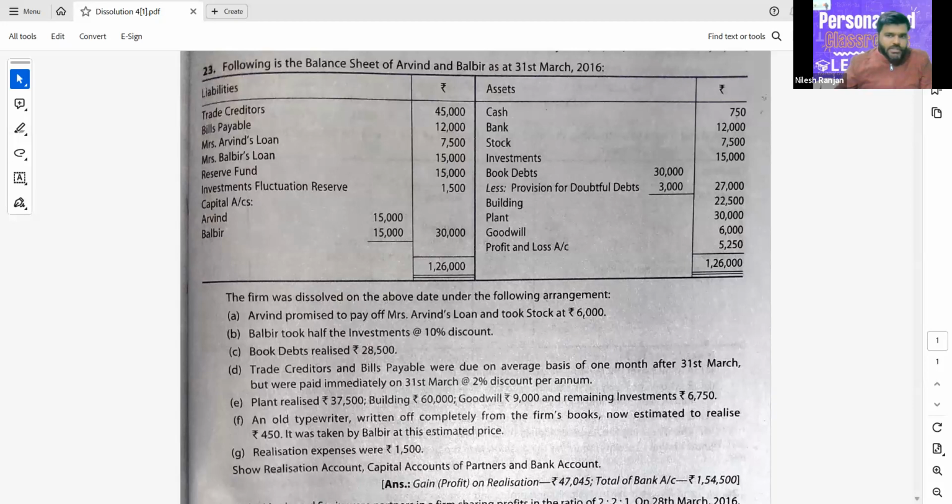Okay, can you tell me the item names that you have written? Yes, sir.